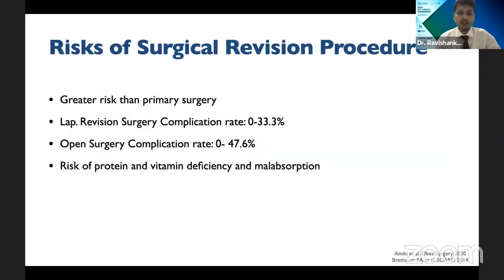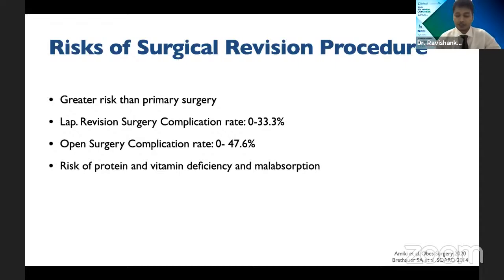So as we can see, any treatment that we offer to these patients in terms of revision has to be safe and easy for the patients to accept. With the current option of offering a revision surgery, we know that the risk is greater than the primary surgery. The complication rate with laparoscopic revision is up to 33%, and with open surgery, the complication rate even goes up to 47%.